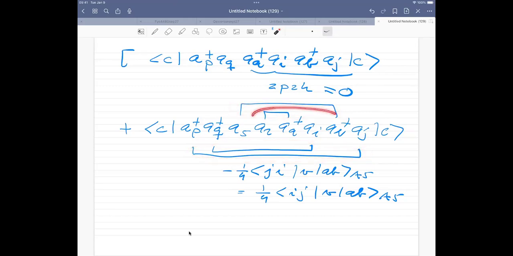And then I keep this one, which I've changed, but I change this one. So I'm going to get only 3 more terms. So in total, this term is going to give us IJ, V, AB, anti-symmetrized. And these are the only contractions which can take place.